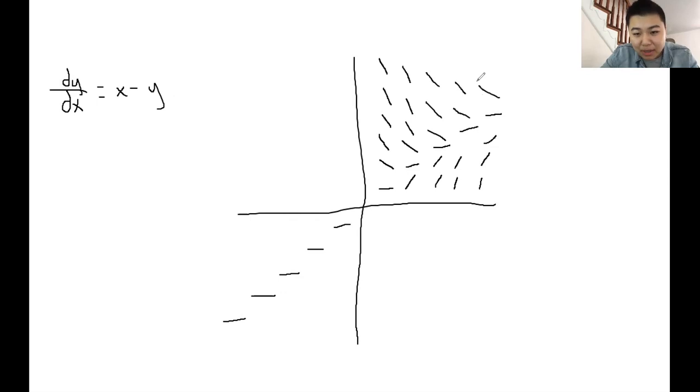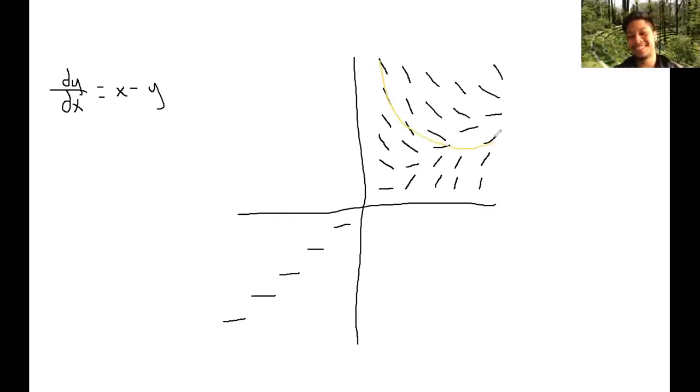If I were better at drawing this, we could actually see something. But you could technically trace out what an equation could look like. Let me try to change the color here. Okay, so if we take one example, you can draw something out like this, but basically you get the idea.